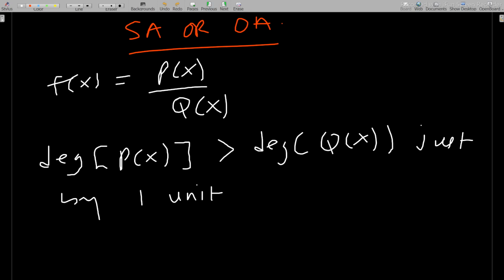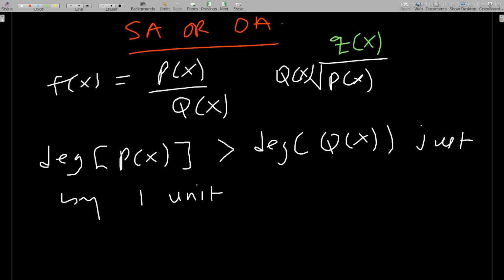With that, you have to perform polynomial long division. You have to divide p of x by q of x. Whatever quotient you get, let's call the quotient, let's say r of x. No, that will be the remainder. Let's call the quotient small q of x, to know that it's a quotient.